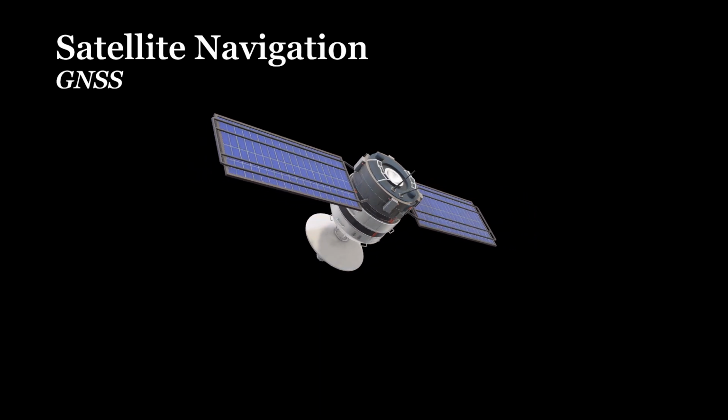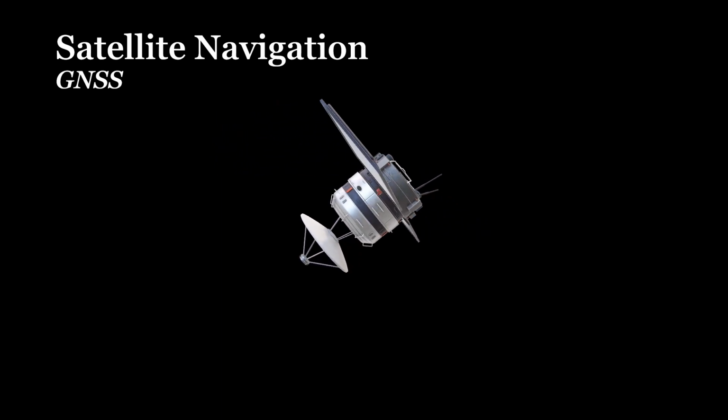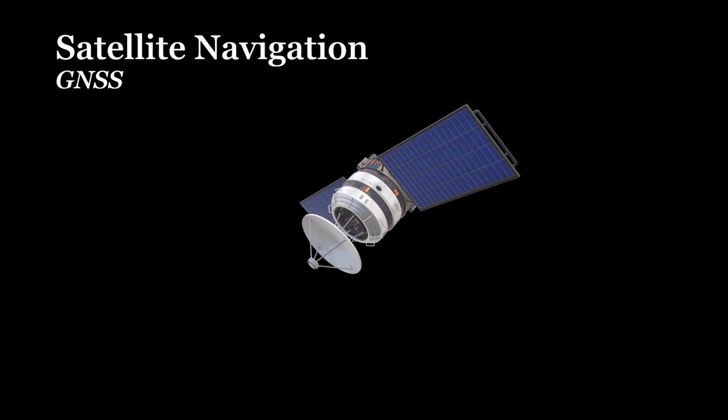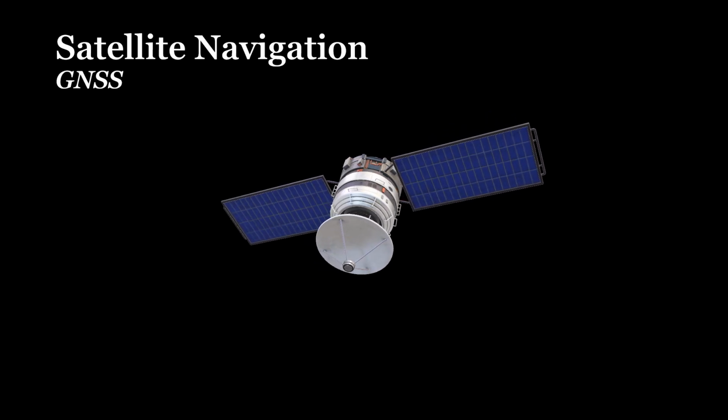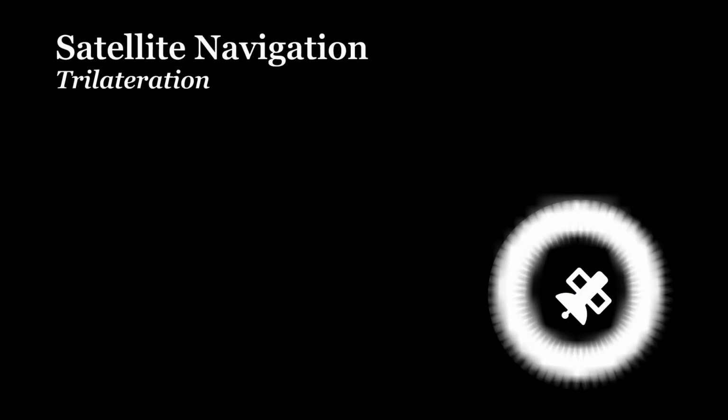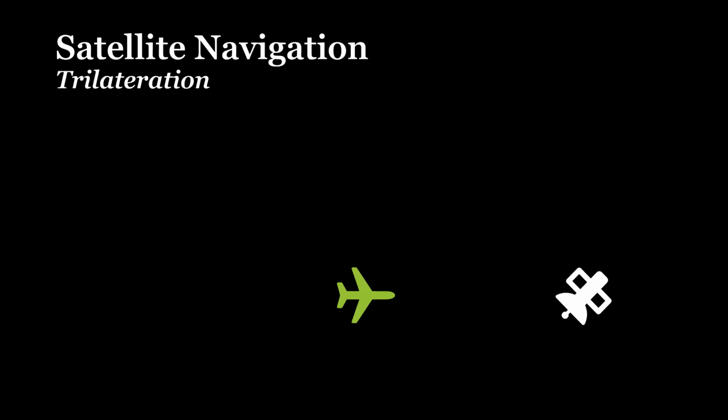While beacon navigation is based on triangulation, the principle behind satellite navigation is trilateration. By determining the signal time of flight, the distance between aircraft and satellite can be calculated. Note that one satellite is not sufficient to obtain the position.